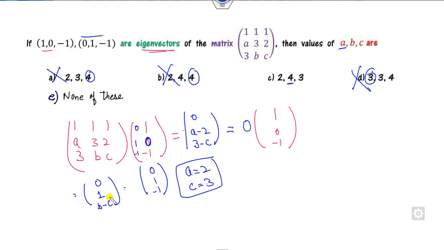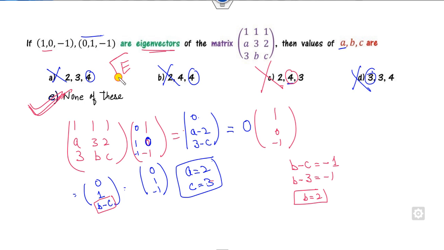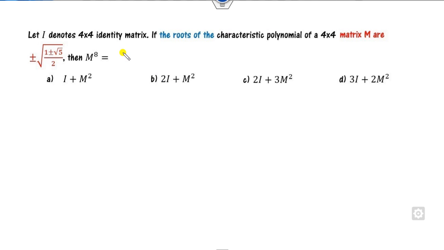This is possible only when B minus C is minus 1. C is 3, what will be B? B will be 2. But here B is 4. This option is cancelled. The right answer is E, that is, none of these is the correct answer.